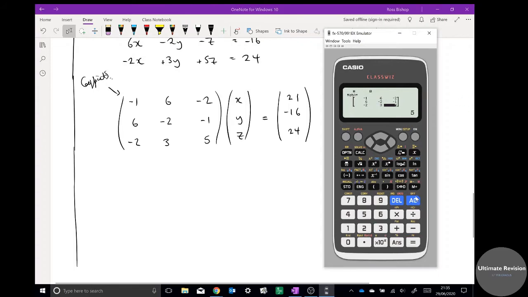Okay, so that's my matrix in there. I can clear that, remember. I go option, then I have to use that button there, and it will give me the matrix.